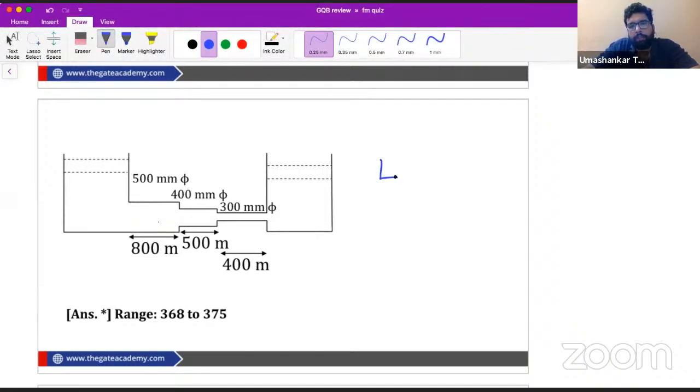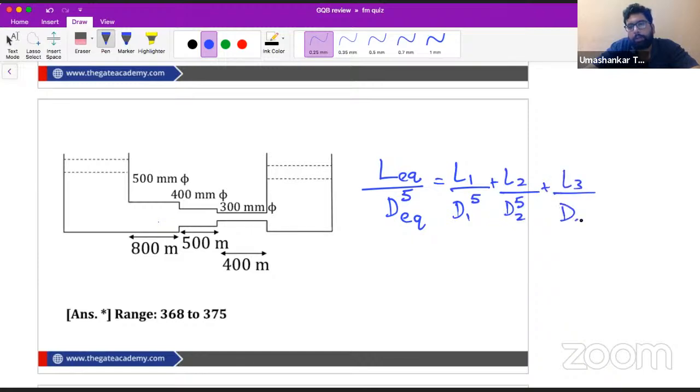If the equivalent pipe length I consider L equivalent, then D equivalent to the power 5. This is what we know as the Dupuit pipe equation, right? We read it in the fluid mechanics pipe flow section. This is the equation for pipes in series arrangement. If we know this formula, we can directly apply it.